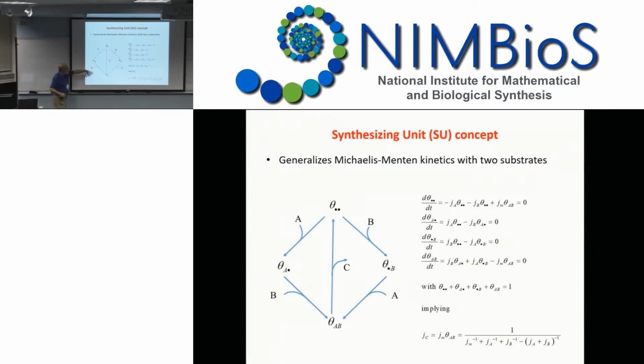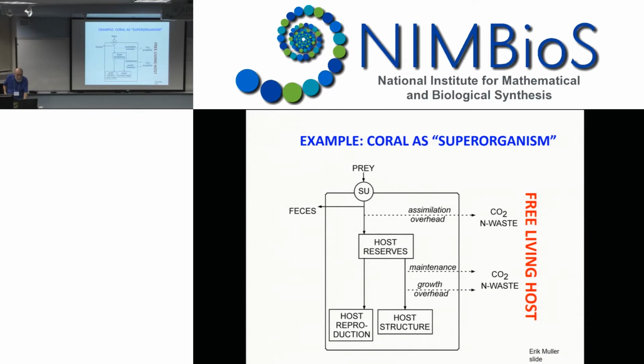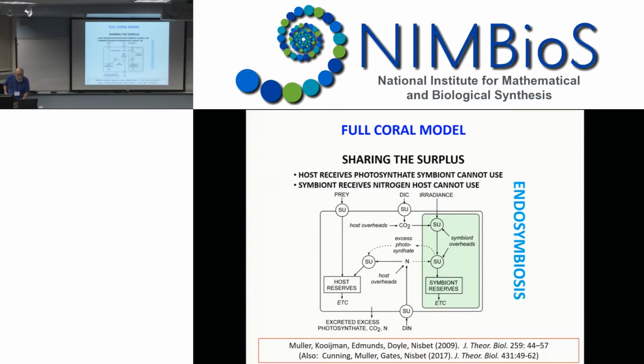And this slide just describes all the possible transformations. You get a bunch of equations and you get the pseudo-steady state, just like you did in the derivation of Michaelis-Menten.